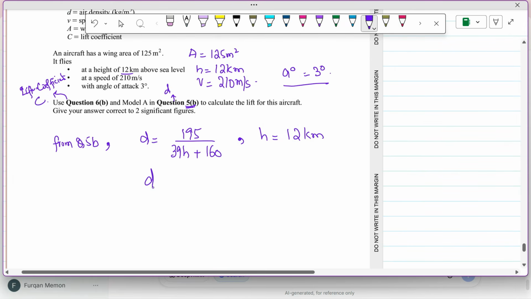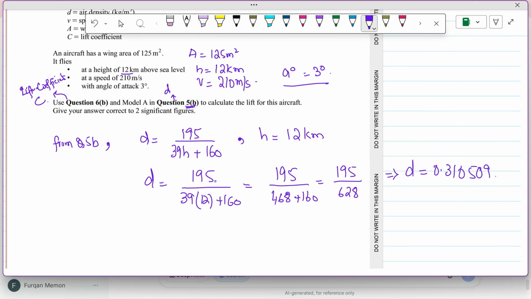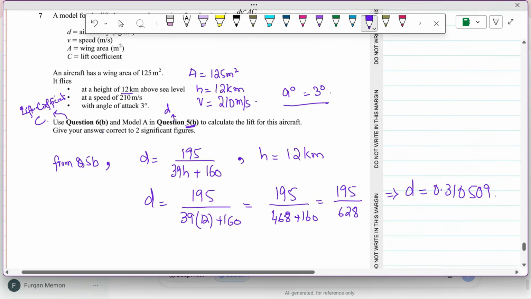So the air density in this case will be 195 over 39 times height, which is 12, plus 160. This equals 195 over 468 plus 160, which equals 195 over 628. Solving this, we get an air density of 0.310509.